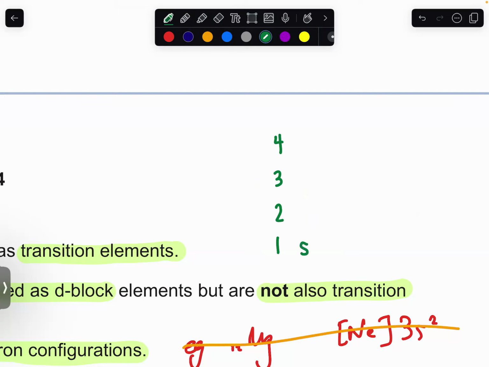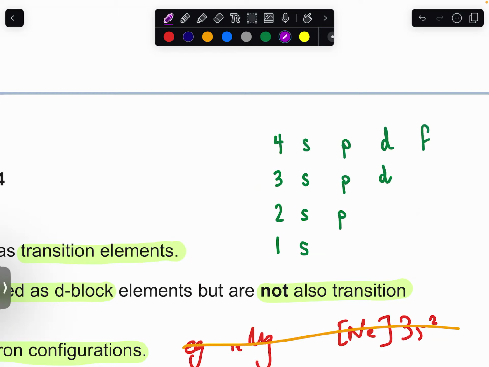The second electron shell has an S and a P, the third has S, P, and a D. The fourth electron shell can be split into 4 subshells.